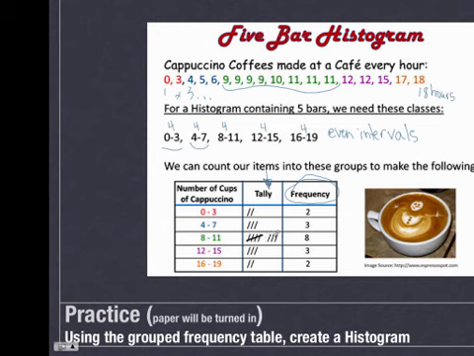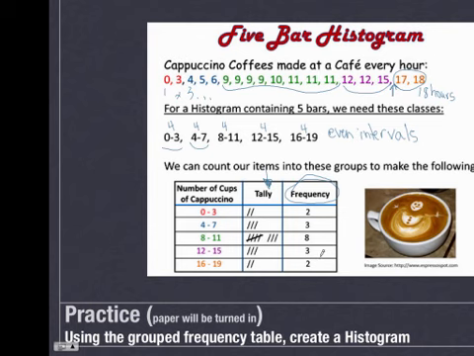And when I count up my tallies, I have the frequency of 8. 12 to 15, again, I can see right here, there were 3 hours where they sold between 12 and 15 cups of coffee. So my frequency is 3. And then finally, my last interval, 16 to 19, notice there was no hour here where they sold 16 cups of coffee. That's okay. But I do have 2 hours where they sold 17 cups of coffee and 18 cups of coffee, respectively. So my frequency is 2.